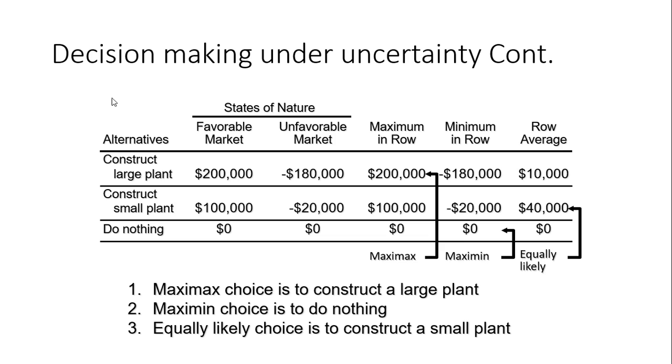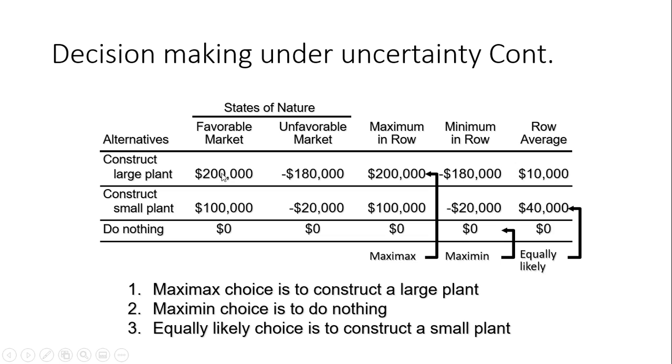For construct large plant, you will have $200,000 plus negative 180,000, which results in 20,000.